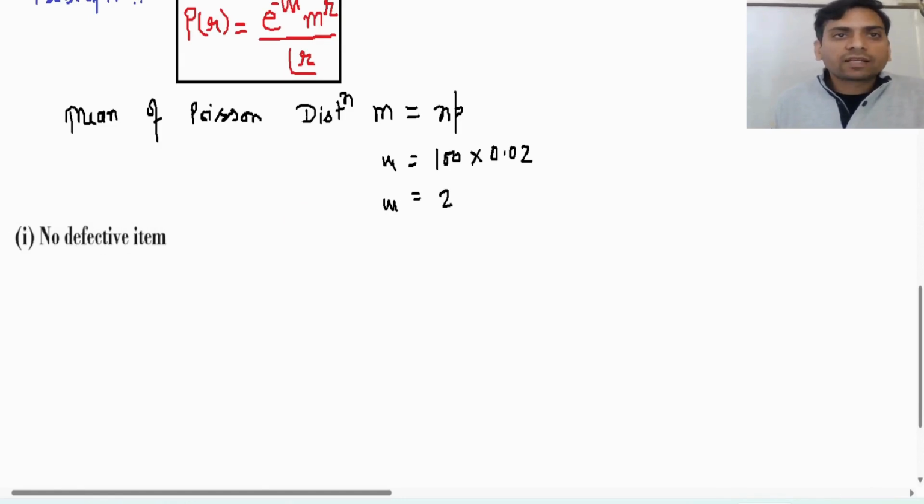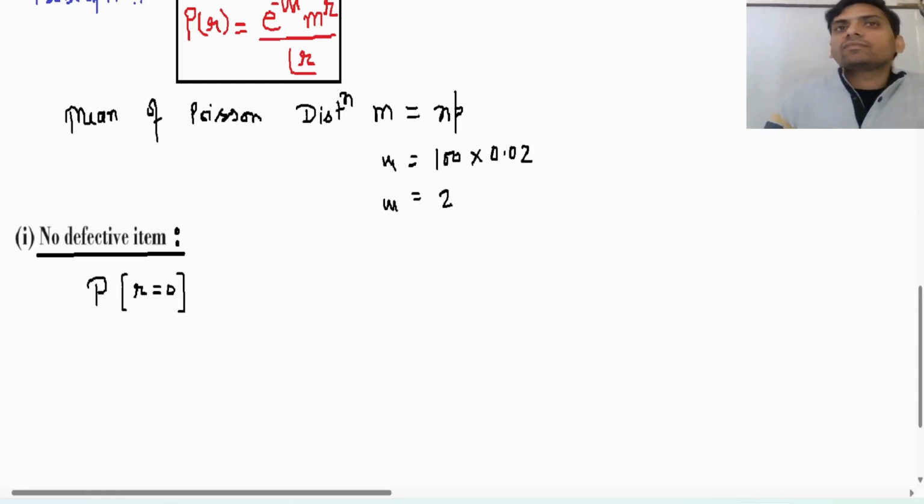Probability of no defect means 0 defect, so you can write this as probability for r equals 0. Is it clear? For no defect means 0 defect, that's why we are writing r equals 0.